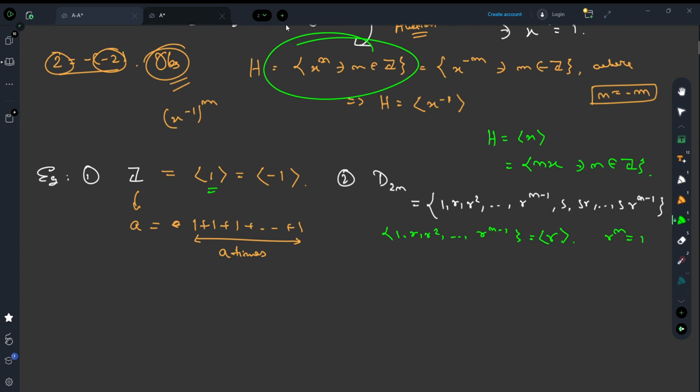We know that R to the power n needs to be 1. So if I compose R to the power n minus 1 with R again, you get 1. And if you go on, you start repeating the elements R, R squared and so on. So this is the only collection of elements you get. This is indeed a cyclic subgroup of D2n. Is it clear? Okay.